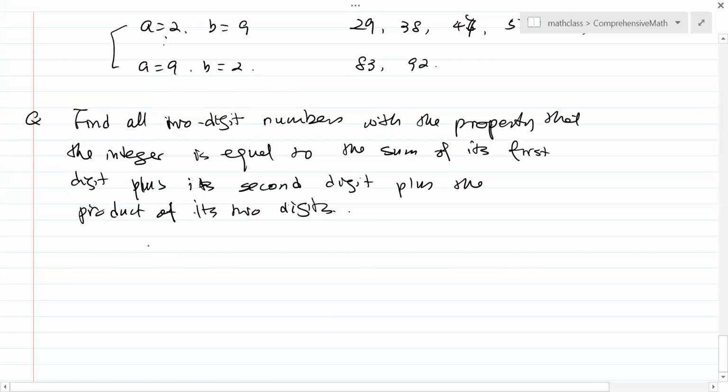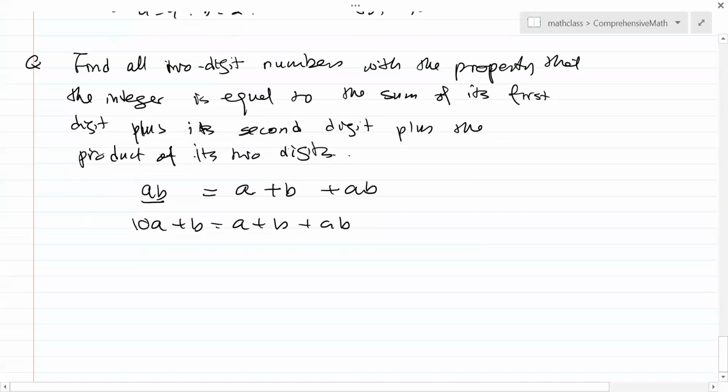So just write down, right? AB, that's a 2-digit number, equals the sum of the first digit plus the second digit, plus their product. So that means you have 10A plus B equals A plus B plus AB. So B is immediately canceled out, right? And then 9A equals AB.